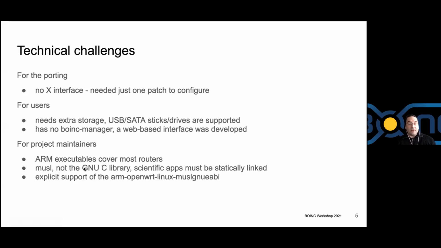And if you have something statically linked, then it just runs as it is because it communicates with the kernel directly, but otherwise it won't run. And that is why we have decided not to use the typical ARM, star, Linux, GNU, EABI as a platform marker, but we mentioned OpenWrt explicitly, so that no one registers with the project and just gets lots of work units that will then fail.